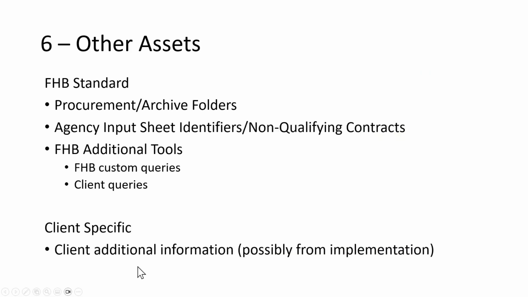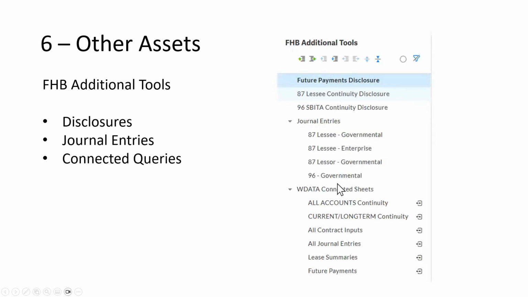The FHB standards include the procurement and archive folders, the agency input sheet identifiers with the non-qualifying contract spreadsheets, the FHB additional tools which contain your queries, and then for client-specific information, that could be anything from implementation or maybe queries and other resources that you deem necessary.